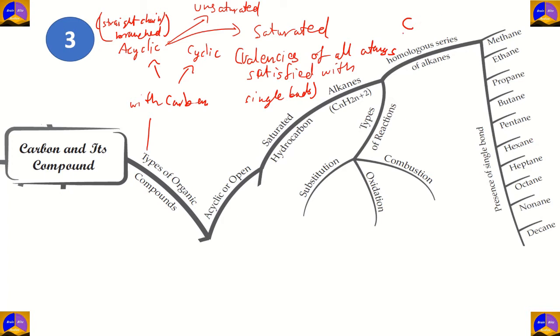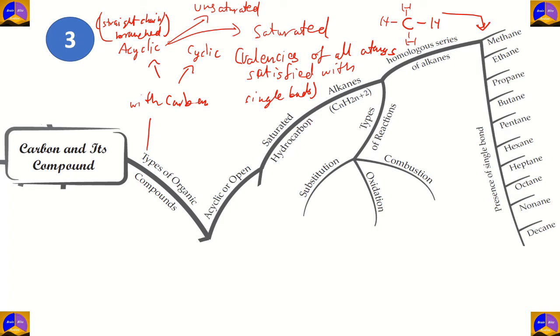A hydrocarbon is basically a compound with only carbon and hydrogen. In order to fulfill the tetravalency of carbon, you need to have 4 hydrogens bonded to this carbon. This forms CH4, that is methane. So methane is an example of a saturated hydrocarbon, which fulfills its valency with single bonds with other atoms, or even with carbon atoms.